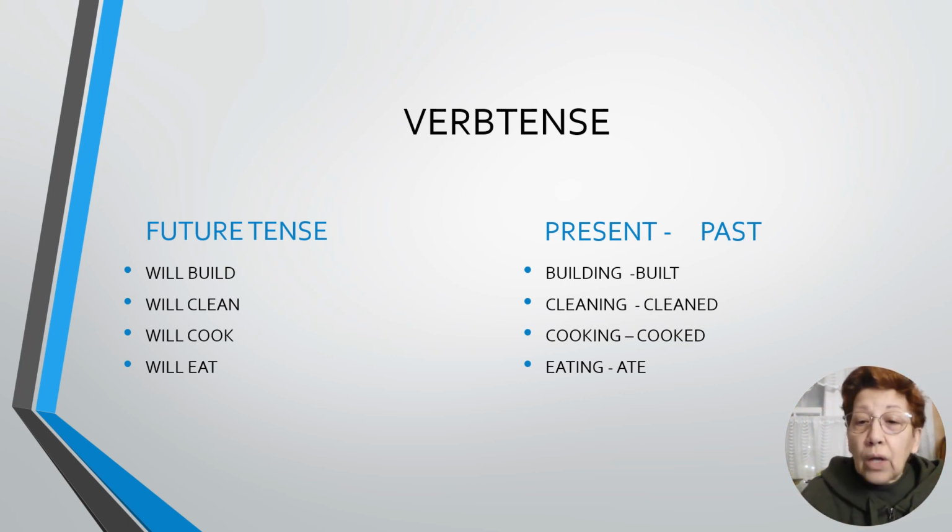It says, will cook. Okay, you will cook the meal at 6 o'clock, right? And then for the present, you see the spelling there. For the present, it says cooking.